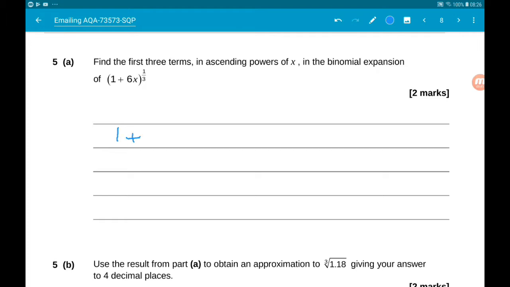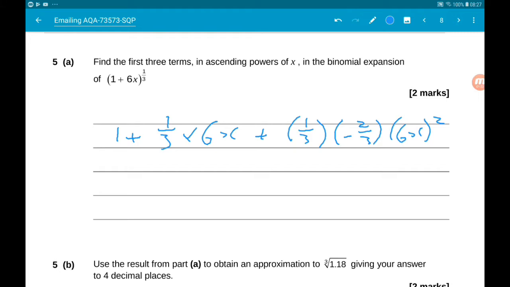So, using the formula, we're going to get 1 add n times 6x, so 1/3 times 6x, add 1/3 times 1/3 minus 1, so that's 1/3 times minus 2/3 times 6x squared.